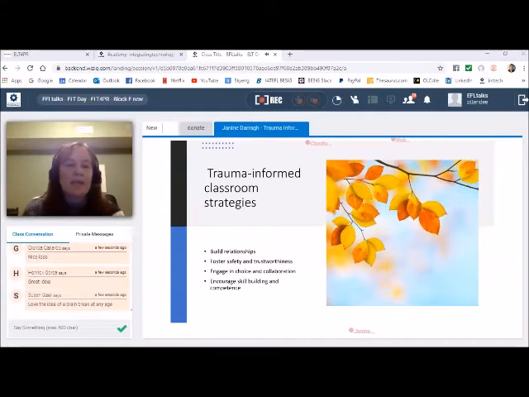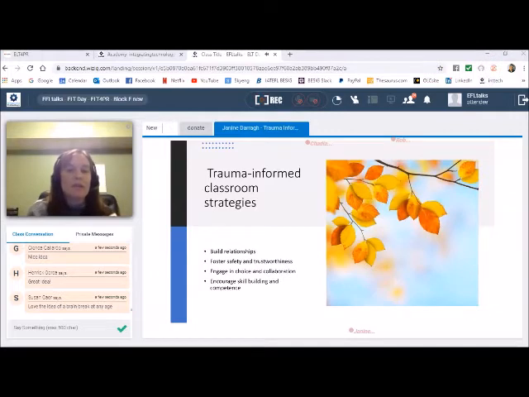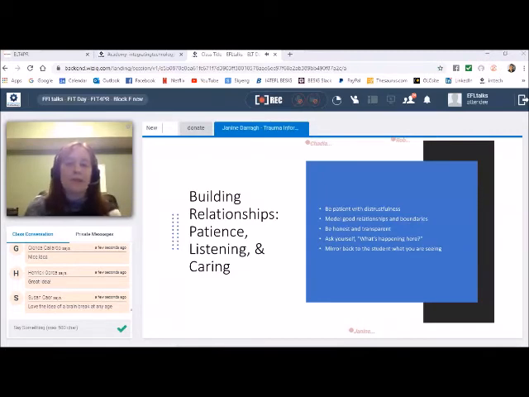So what are some things we can do in our classroom? The most important things that I've read about are building relationships, fostering safety and trustworthiness, engaging in choice and collaboration, and then trying to help with skill building to build those ladders to the upstairs brain.